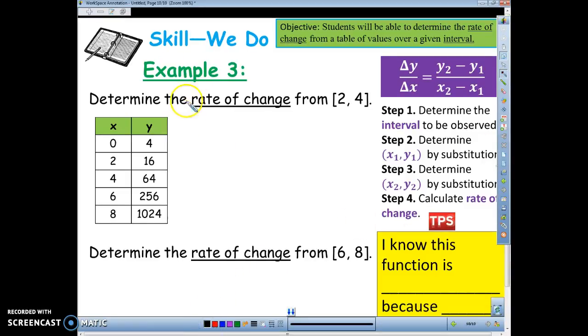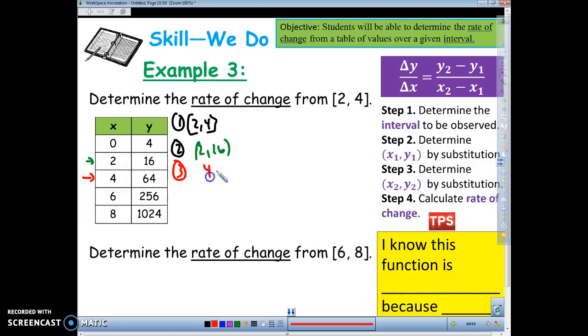Okay, hopefully you pause the video. Step 1, my interval is 2 to 4. Step 2, my starting point starts at 2, so that's (2, 16). Step 3 is my ending interval.